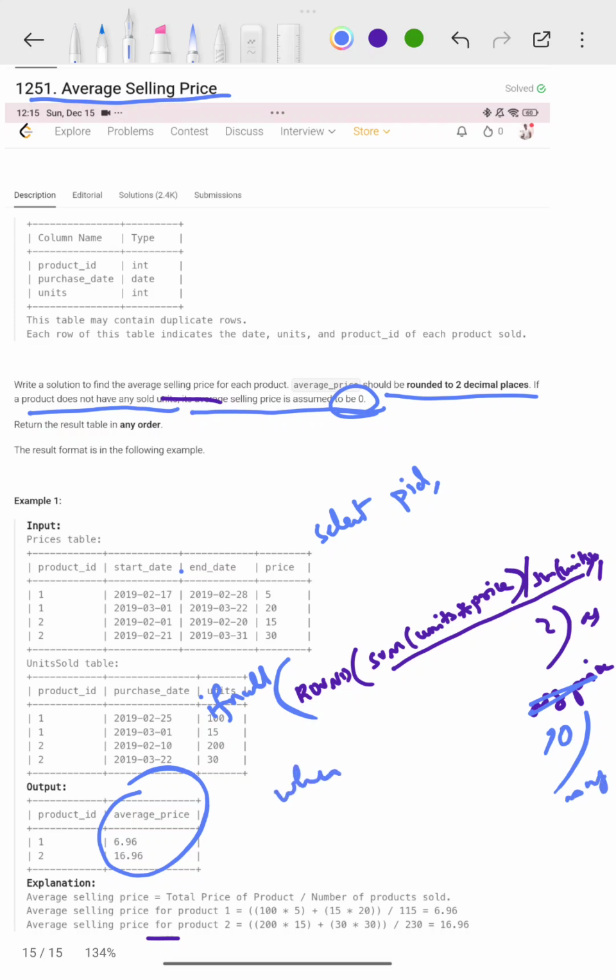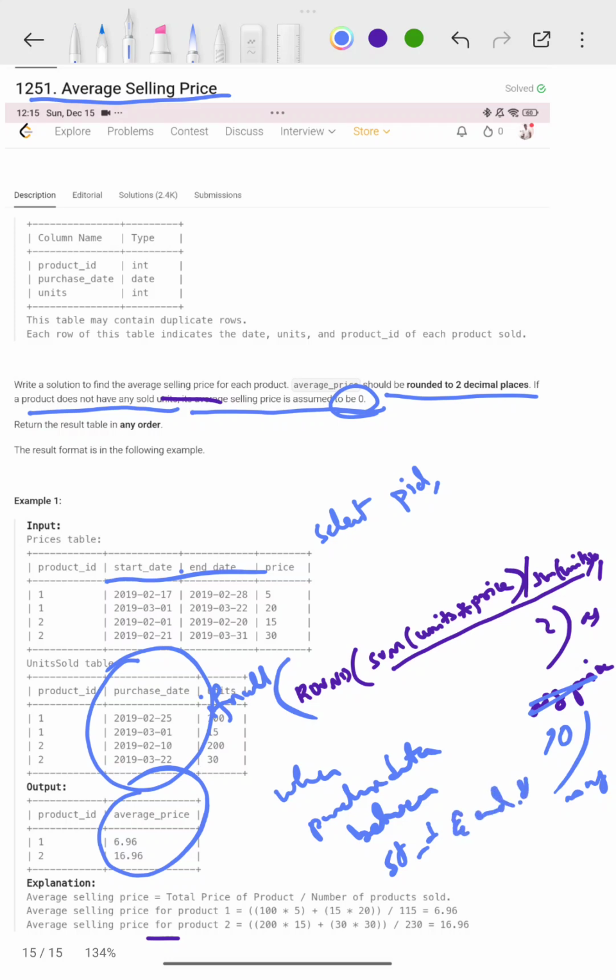In the where condition you put that the purchase date should fall between the start and end date. Where the purchase date of this table is between start date and end date. Select product ID, if null of this thing, where purchase date between this and this one.